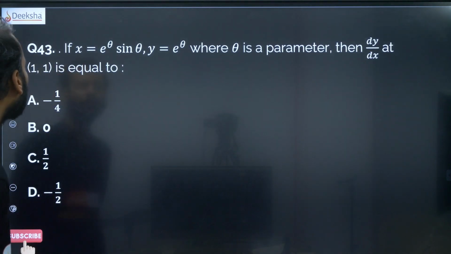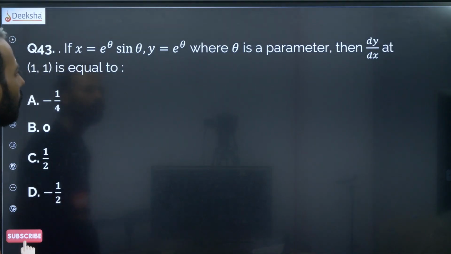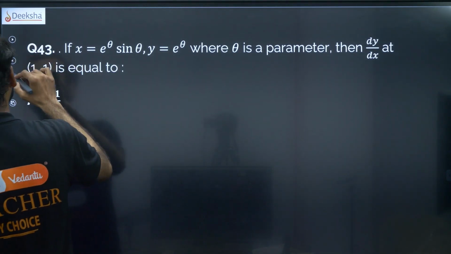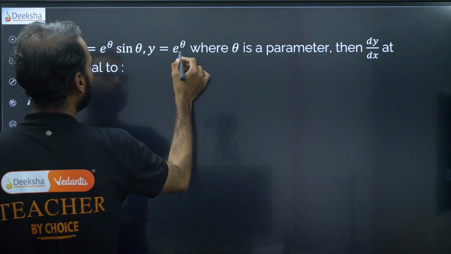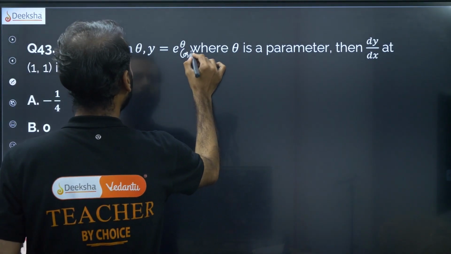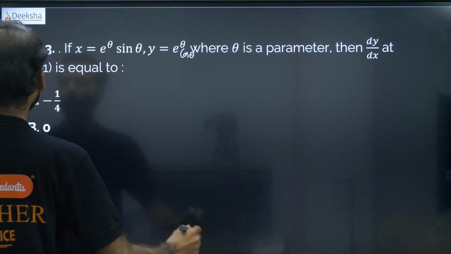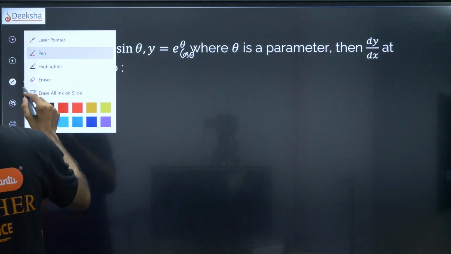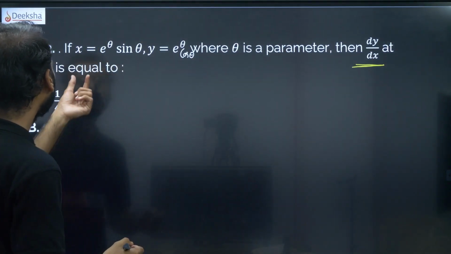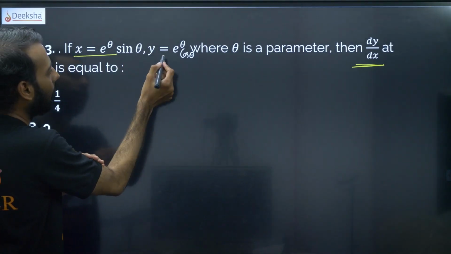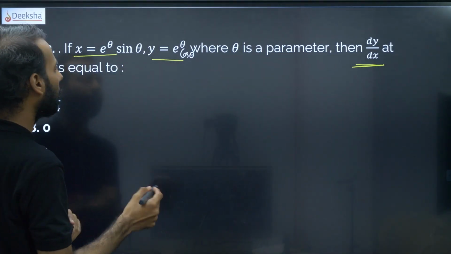X is equal to e raised to theta sine theta, Y is equal to, something is missing in this question, e raised to theta cos theta, where theta is the parameter. Then they are asking for dy by dx at a given point.